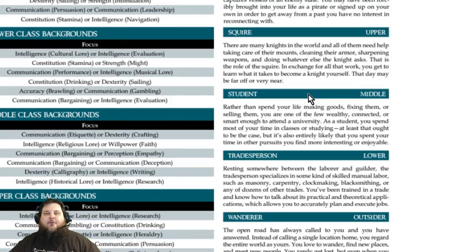And now you're following this noble dwarf around. He's a knight of his clan. You're following him around, keeping his armor clean, keeping his horse taken care of. And then one day, you become an adventurer, and you are now knighted yourself. So you take all of this and put it into your background story.